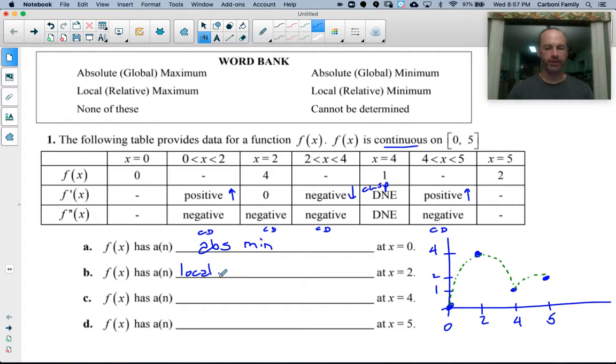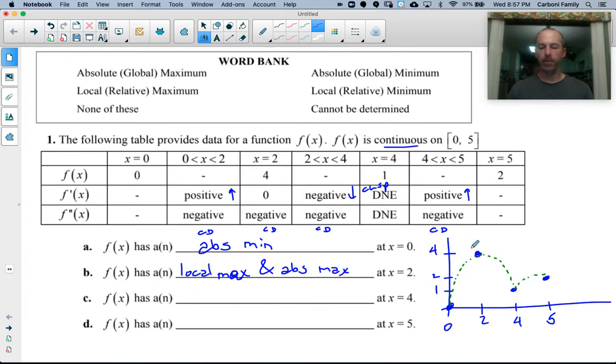And I believe it is. There are no other critical numbers except 4, but f of 4 is definitely less than f of 2, and my right endpoint is not as high as f of 2. So this is a local max and an absolute max.